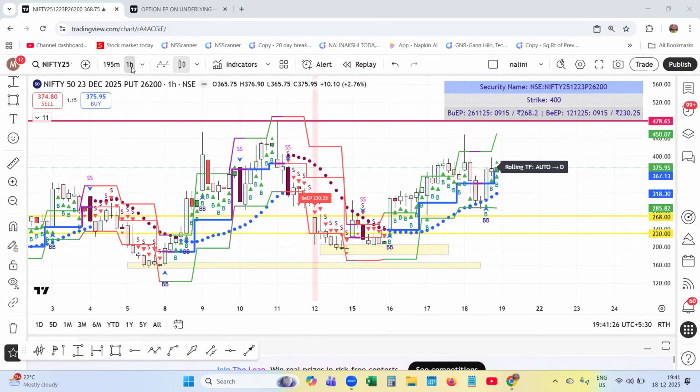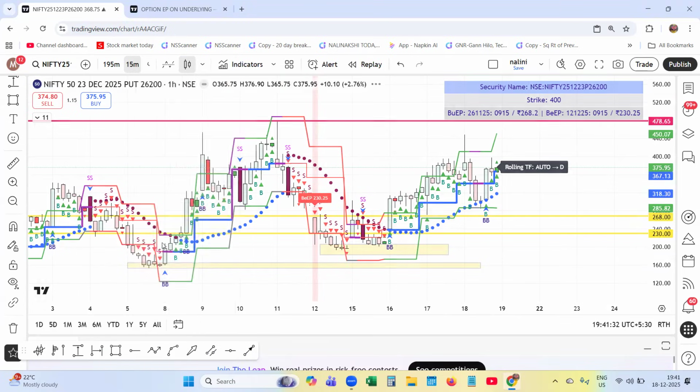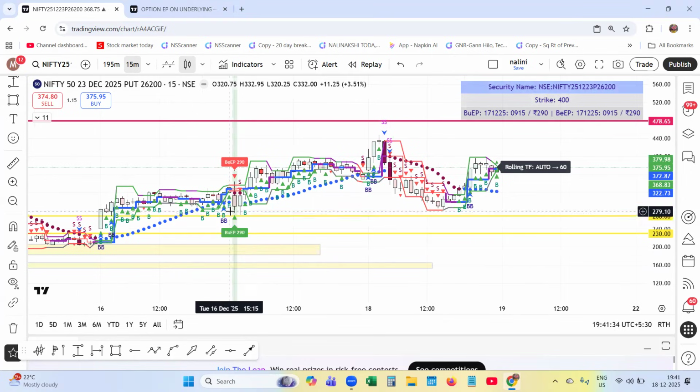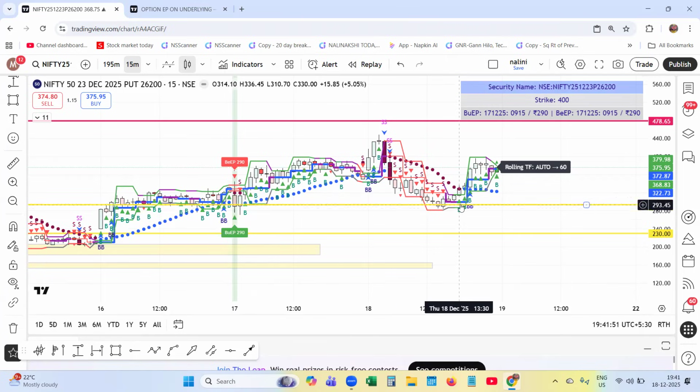Even if you go to the hourly, it is showing 230. If you go to the 15 minutes, you may get another EP, 290, on 17th. Both EPs are triggered. So if you mark the EP 290 like this, that will act as a reference point.